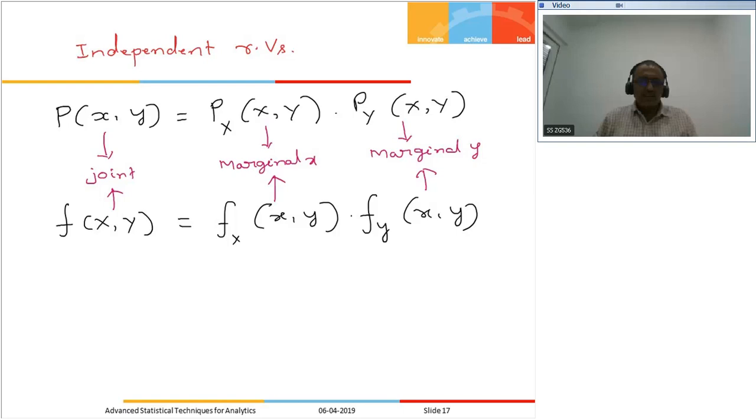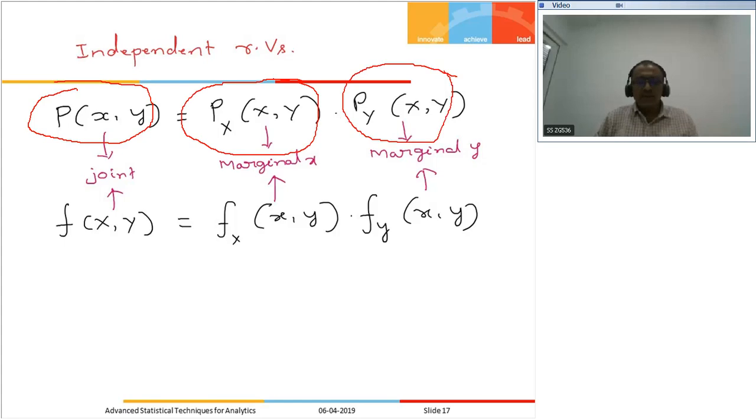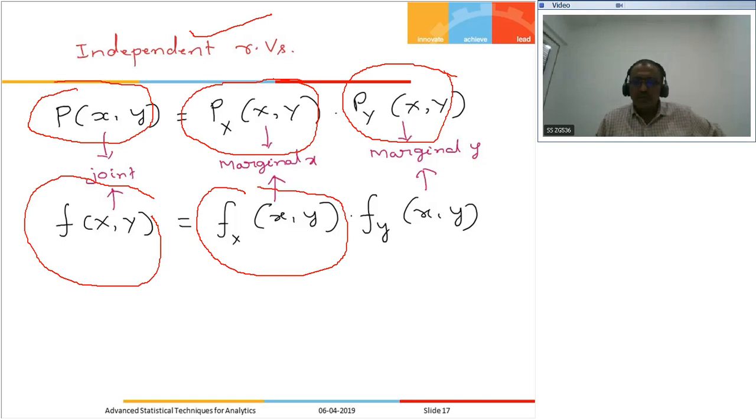So the joint distribution function of xy is the product of marginal x into marginal y. Then the random variables are called independent random variables. Same case continues: joint probability density function equals the product of the marginal with respect to x and the marginal with respect to y. So they are called independent random variables, discrete or continuous, whatever it is.